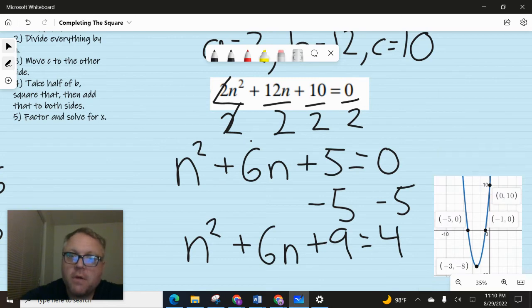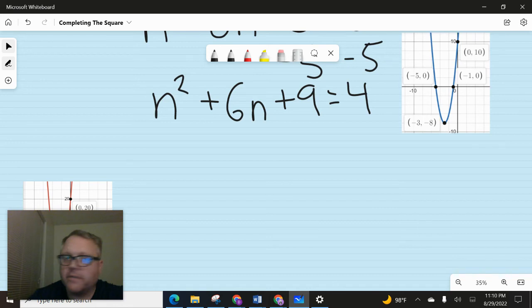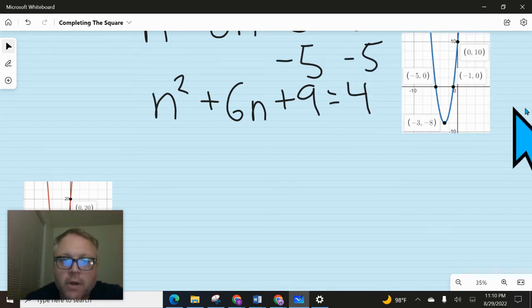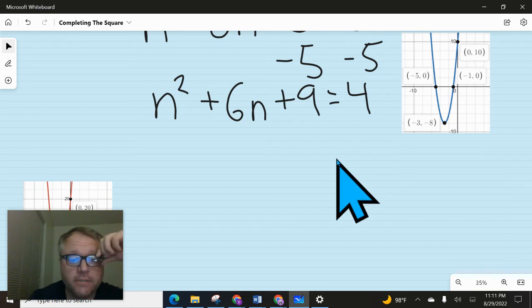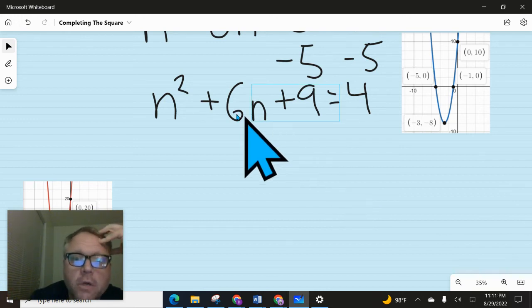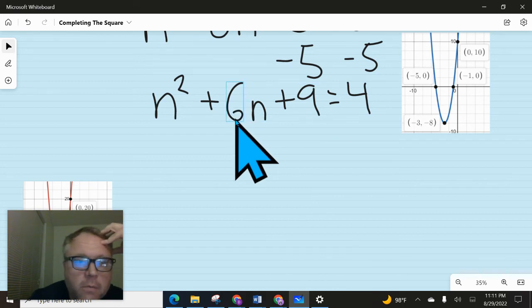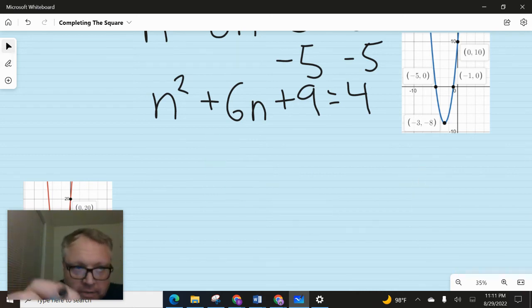Bring our graph with us. I really want to build the connection that the answers we're getting are just the x-intercepts. Now the left side will factor quite nicely: two numbers that multiply to 9 and add to 6. Notice when we cut 6 in half, we got 3, and this will factor to be n plus 3. That's not a coincidence.